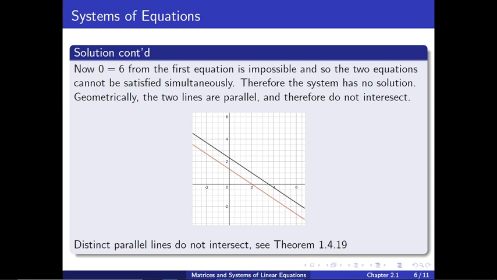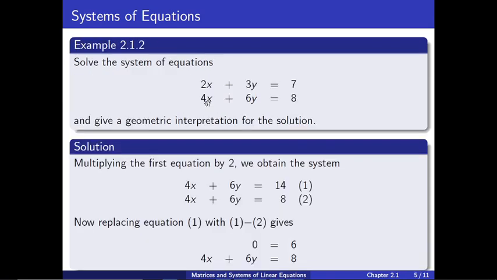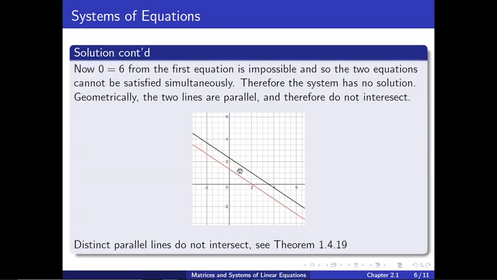Let's think about it from a geometric point of view. We've got these two equations, and they represent two lines. If we draw the two lines, you'll see that they are parallel, and because they are parallel, they are not going to intersect at any point.